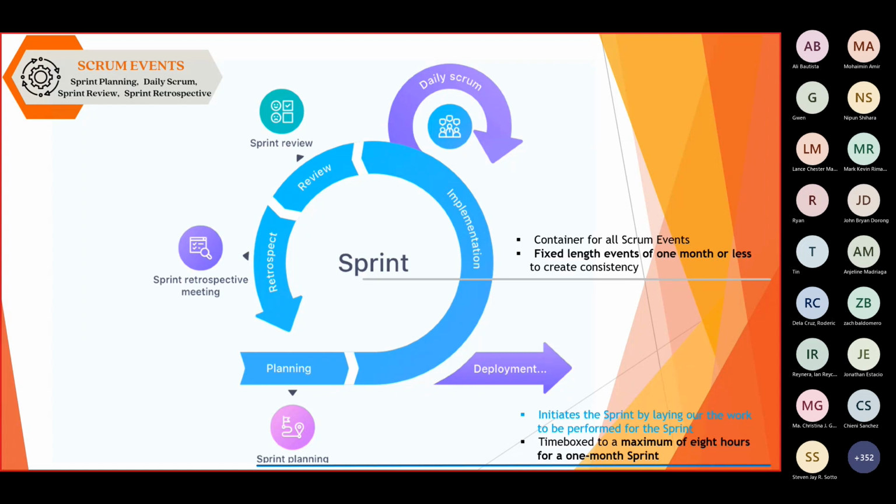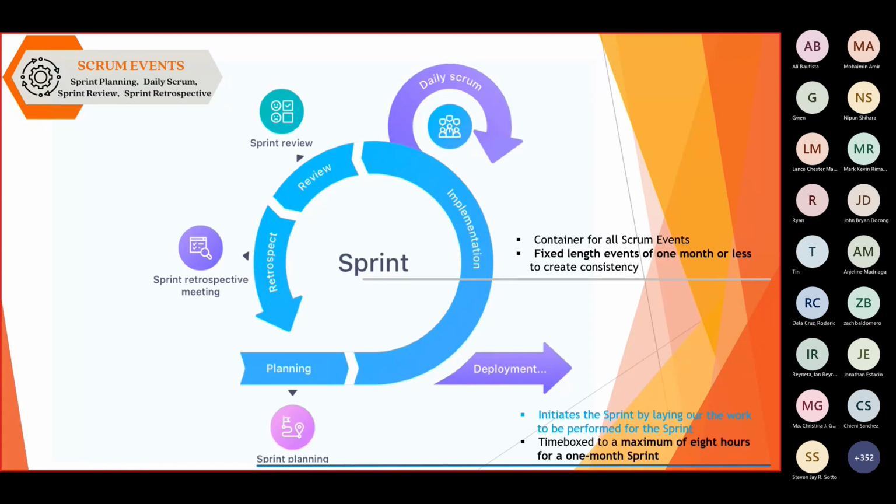The sprint planning is usually time boxed to a maximum of 8 hours for a 1 month sprint. But for a smaller sprint, it should be shorter. The reason why we are time boxing these events is to keep the focus of the team and make sure that the time allotted for a certain ceremony will be focused on meeting the objective of that event.